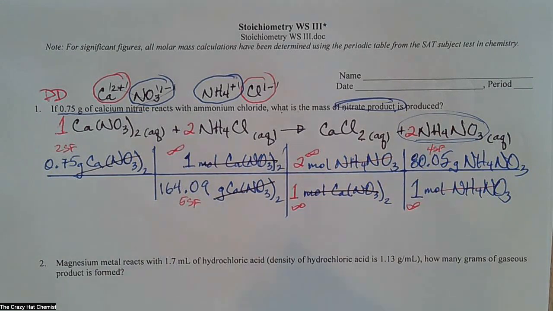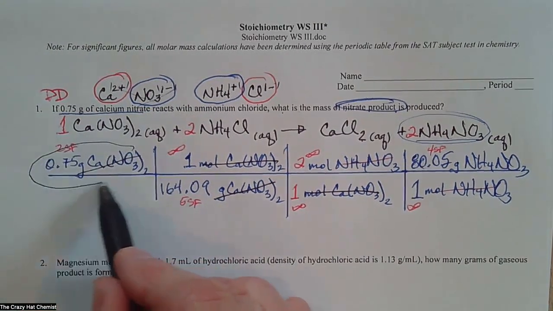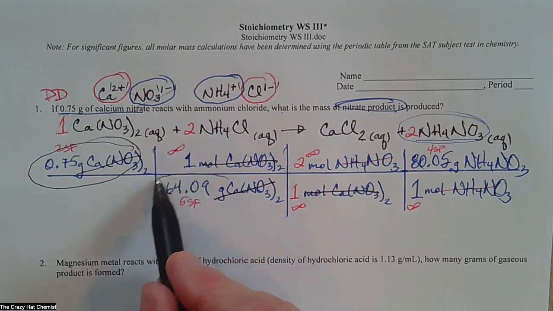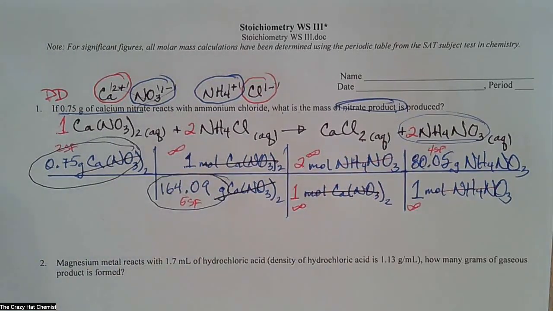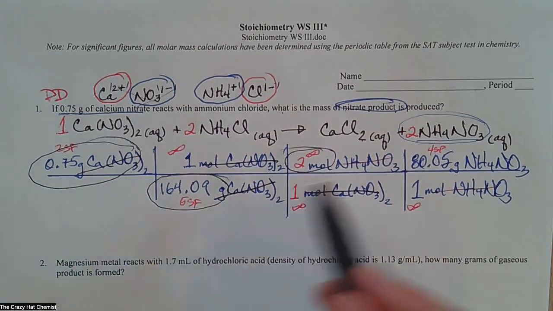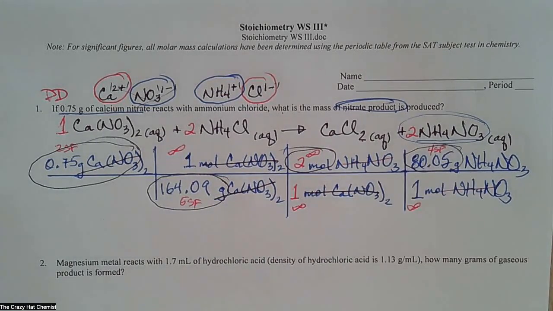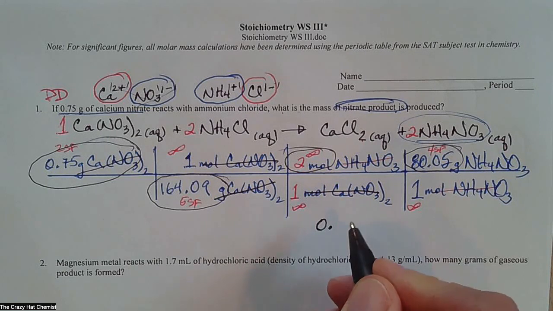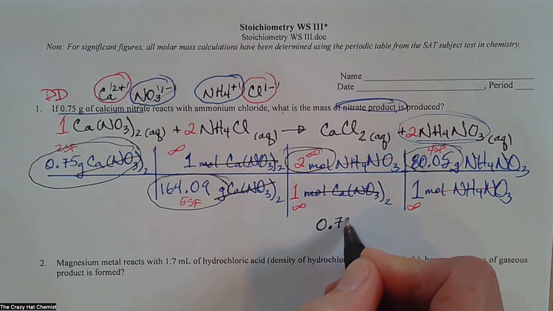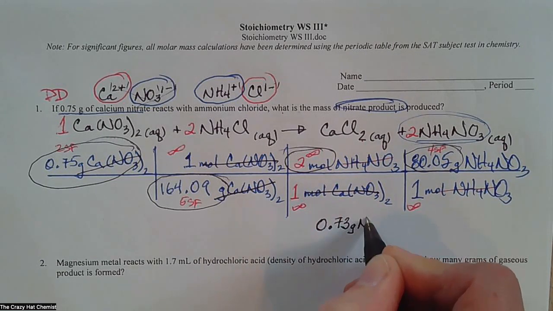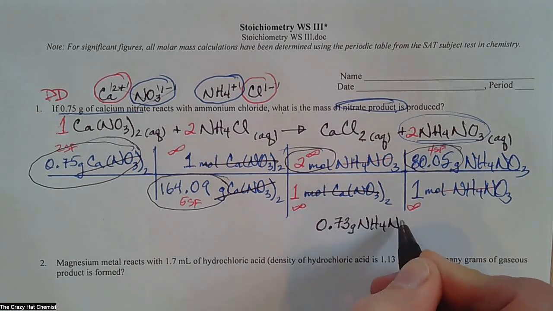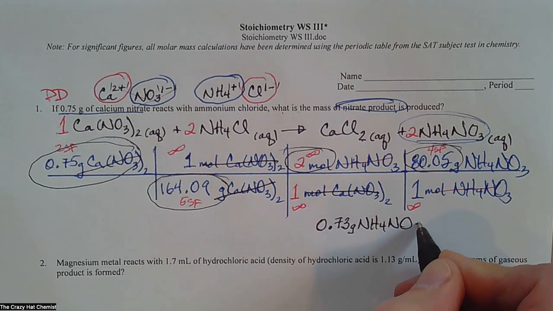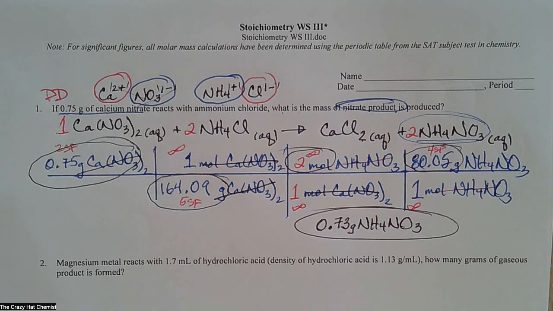So I'm going to take 0.75 divided by 164.09 times 2 times 80.05, and then round that number to 2 significant figures. I'm going to have 0.73 grams of ammonium nitrate. And this is going to be my final rounded answer.